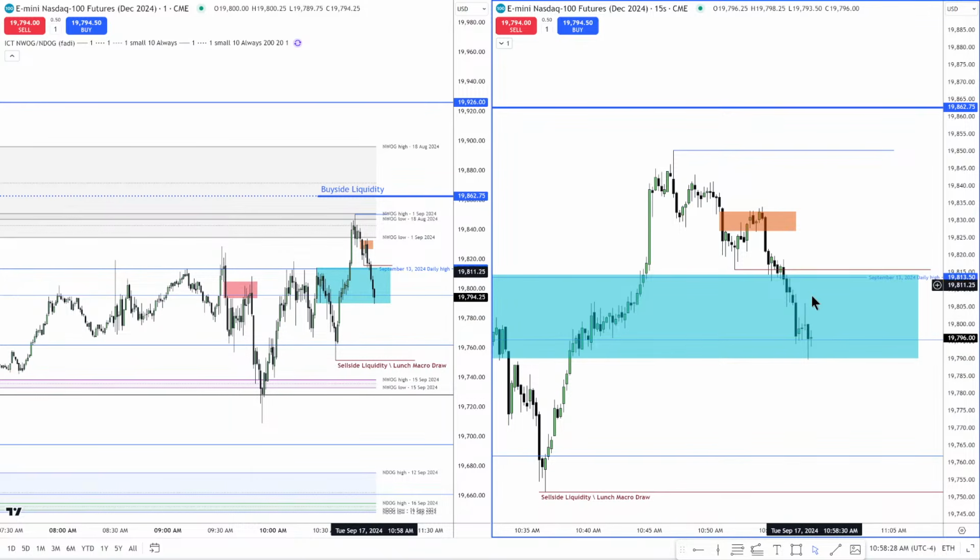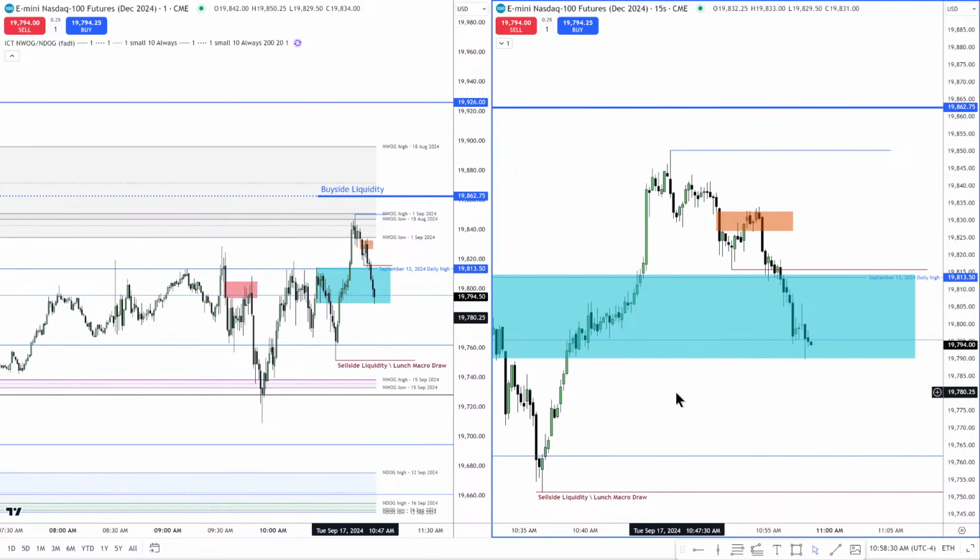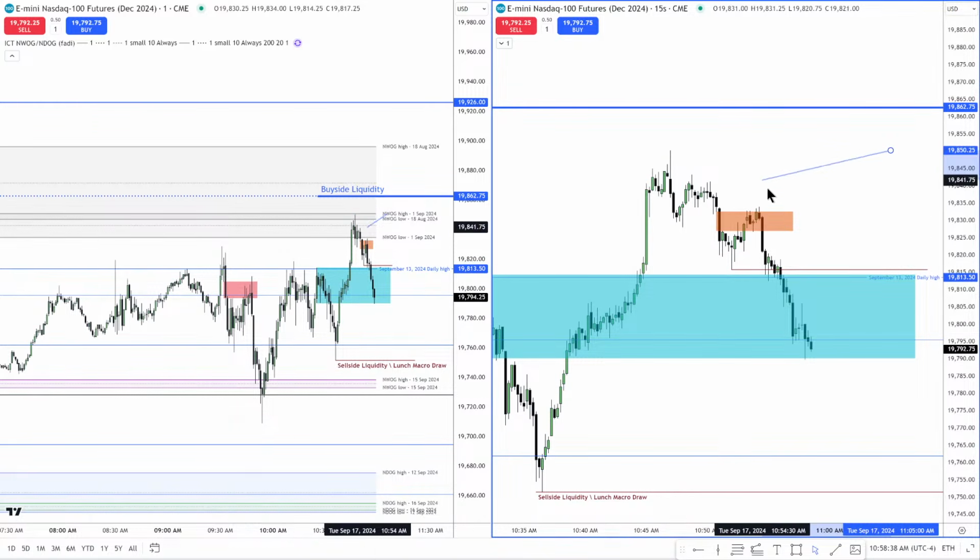If the breaker wasn't there, this would be the short. Now buy side goes to here.